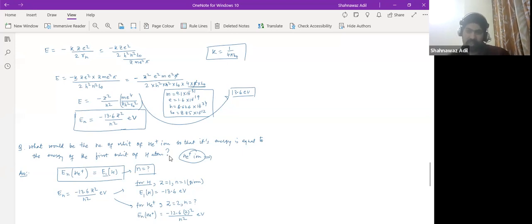This part is not needed, right? But you guys just know that if you put all these values, then you get this value. So that is just for the understanding purpose, right?